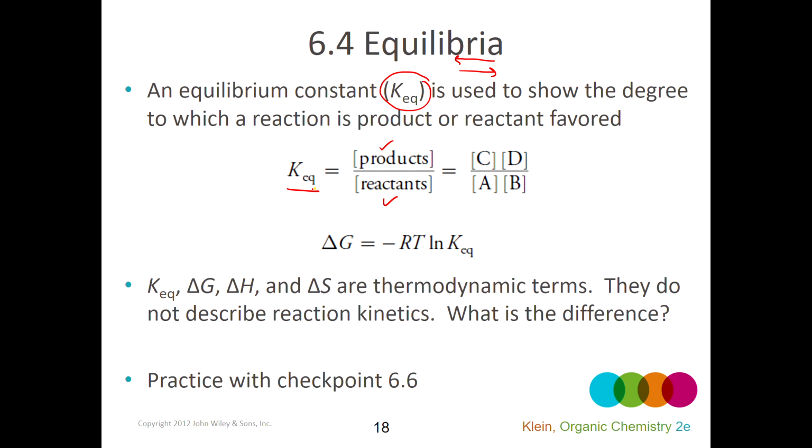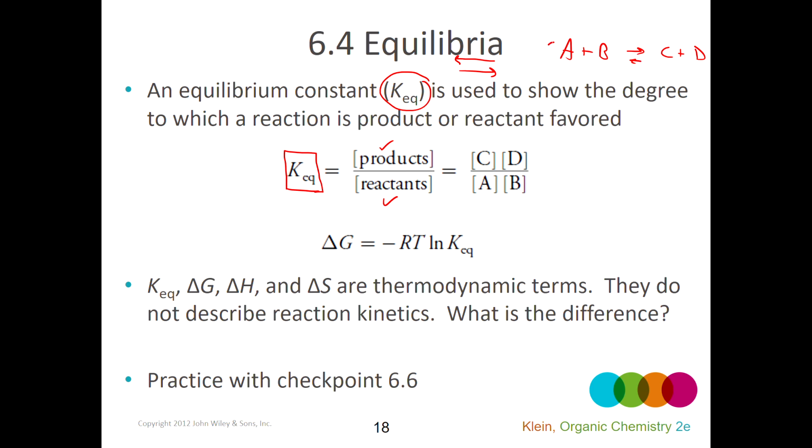That's only true at a certain temperature. If I change the temperature, the ratio might change. And so let's say I have a constant temperature, then the products over reactants should give me a constant ratio, assuming that I take into account the stoichiometric coefficients, right?